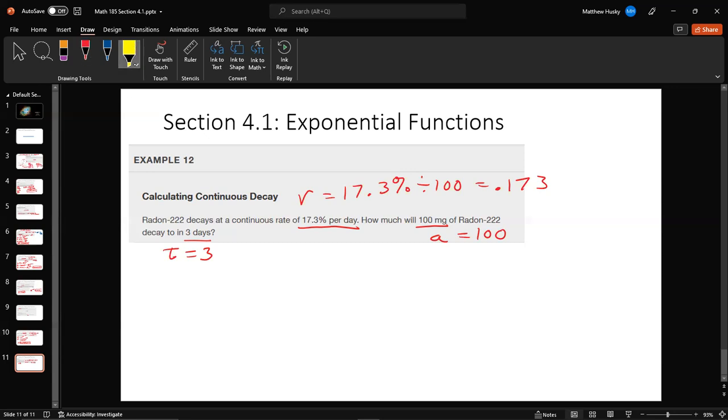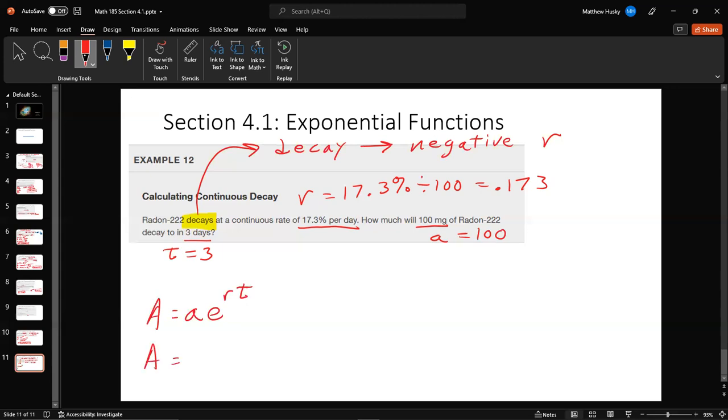Since this is decay, that means when it's decay, you need a negative value of R. That's an important detail about this problem. When you have radioactive decay, when you have some sort of exponential decay, it's going to have a negative value of R.